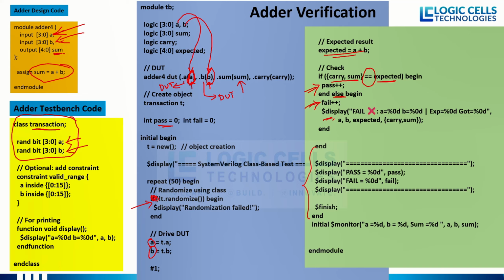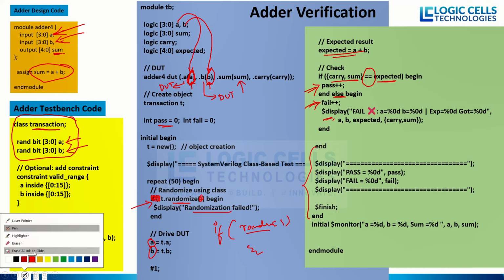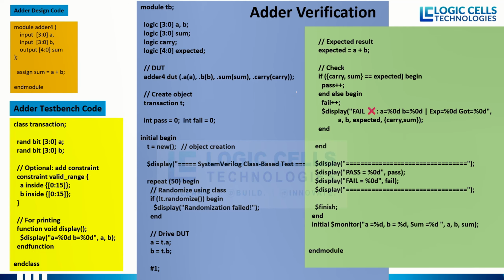Don't worry about why we have used it inside if: if this randomization failed, we need to get a warning or we need to get an error. That's why we used inside if. This can be used as a condition. If you use it like this and it fails, we will come to know if you put a condition or a display here. Okay, don't worry about that. Let's understand later. Now, this code will give you pass and fail result.